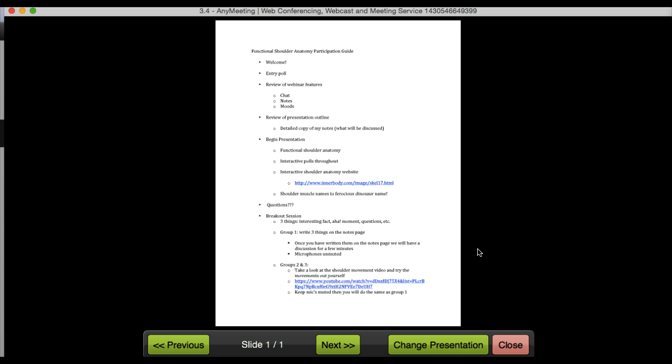We're going to have a couple different polls throughout, depending on the different sections of the PowerPoint, and then we'll take a quick venture outside of the PowerPoint to a link. It's an interactive shoulder anatomy link that lets us see the different shoulder structures in 3D rather than in a two-dimensional space like you see on most diagrams.